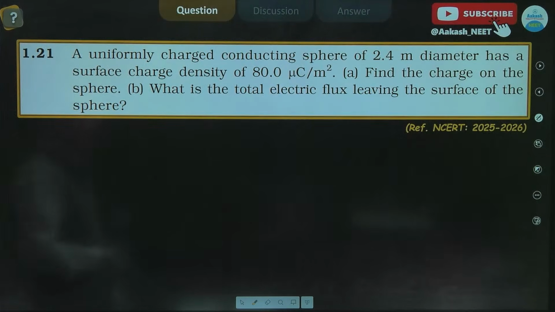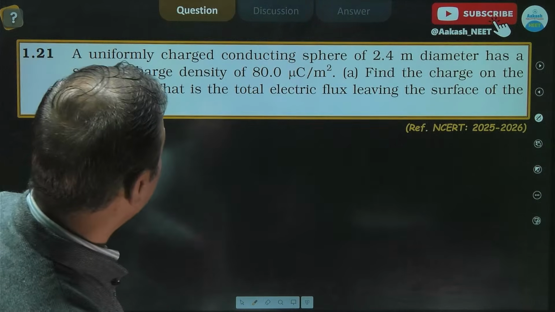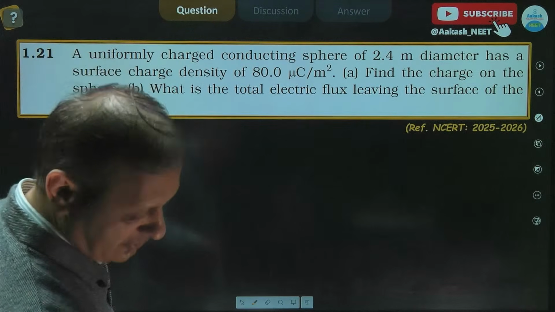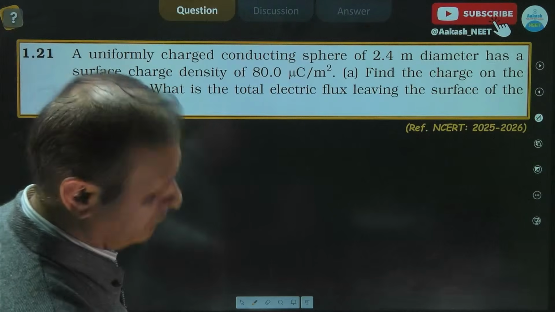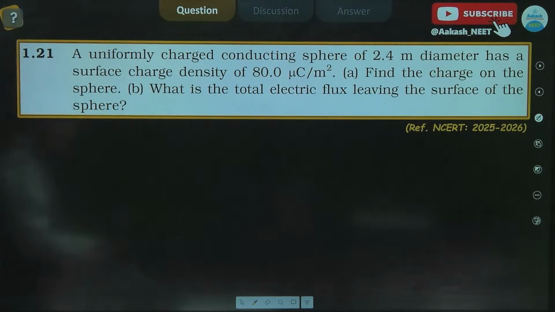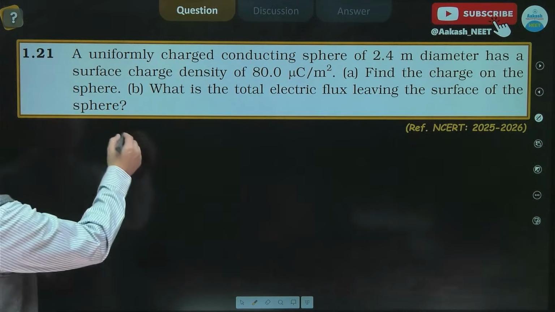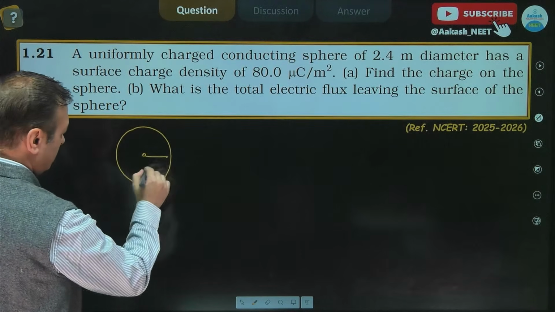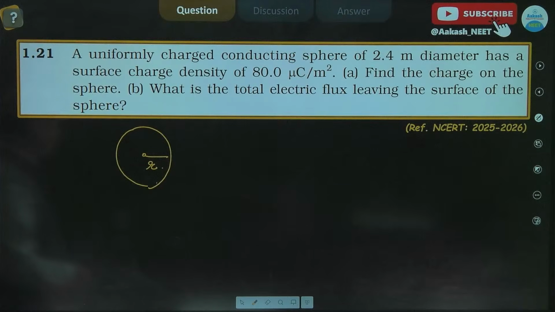A uniformly charged conducting sphere of 2.4 diameter has a surface charge density of 80 microcoulomb per meter square. Find the charge on the sphere. So this is the next question we have to find out. This is a sphere of radius r. You got it or not?